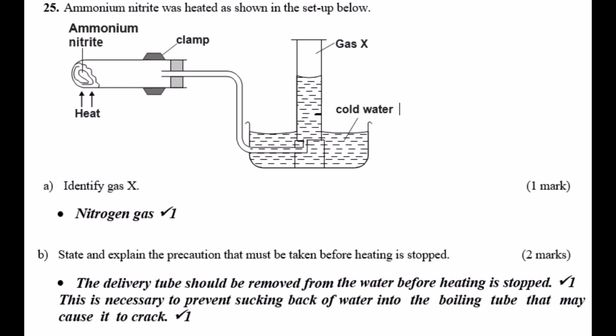Good, the delivery tube should be withdrawn. Once you withdraw it, you are preventing what we call the sucking back of water. Because if you allow the apparatus to cool, the partial vacuum that is created will create a suction that will suck in the water. So that may cause the tube to crack because it's already hot.